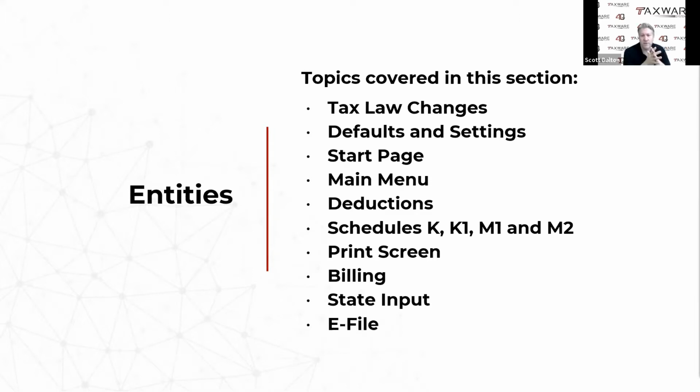One note on fiduciary. Fiduciary doesn't actually have a Schedule K, an allocation to a Schedule K, like the partnership or an S corp. But to save a lot of time, we provide basically a dummy Schedule K, and we call that distribution. It's the distribution section. It works the same as Schedule K in a partnership or S corp.